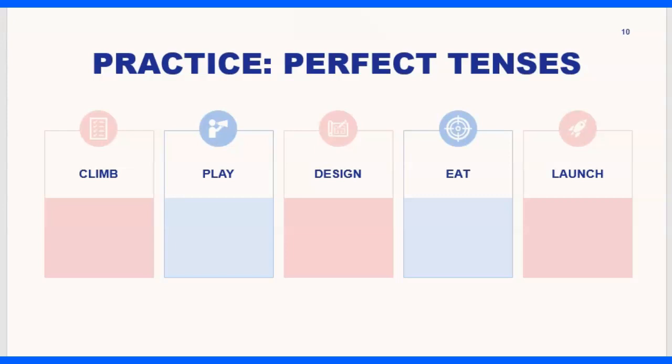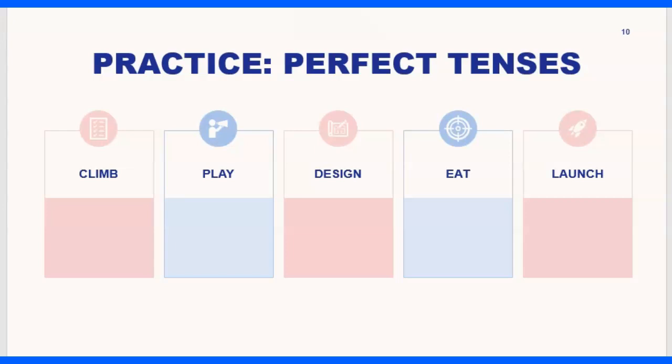I have climbed. I had climbed. I will have climbed. That's all I want you to write besides your little sentences. So now what I want you to do is to pause it, complete those 5 verbs: climb, play, design, eat, and launch, and then we'll go over them.